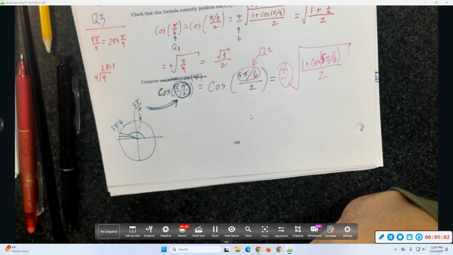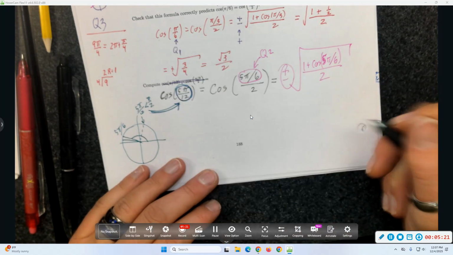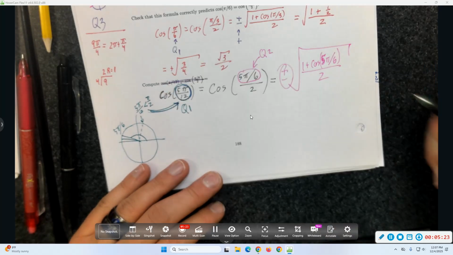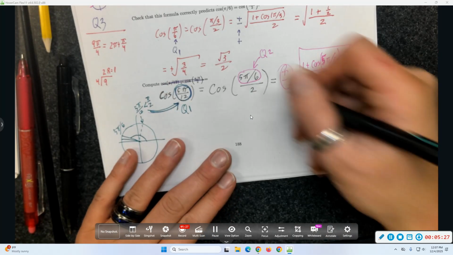Let's also see that by inequalities. Our right angle is pi over 2. Is 5 pi over 12 less than pi over 2? Yes, 5 pi over 12 is less than pi over 2. So that should be in quadrant 1. So, plus or minus? Plus. Awesome.